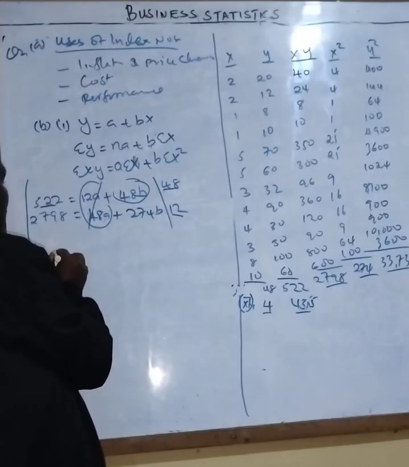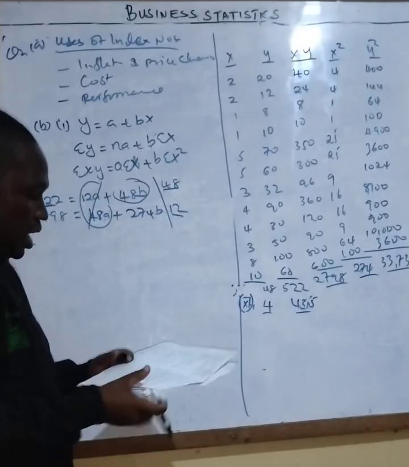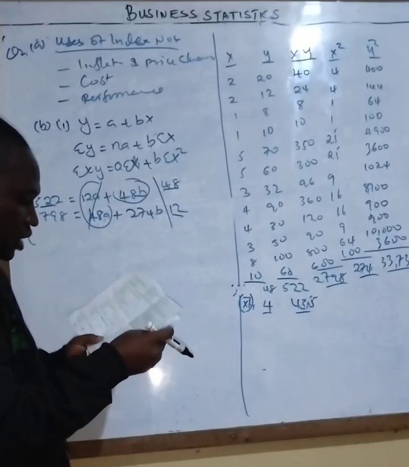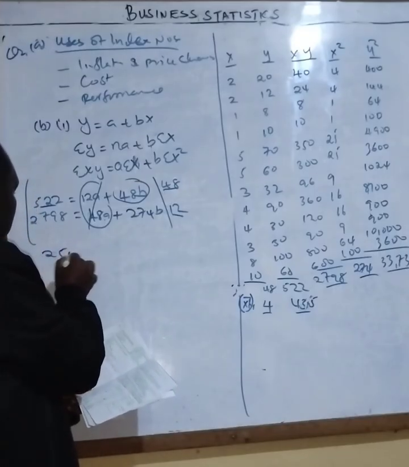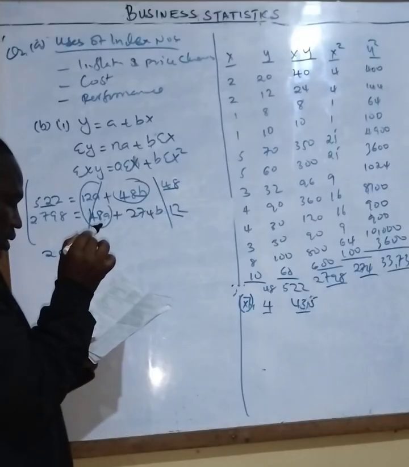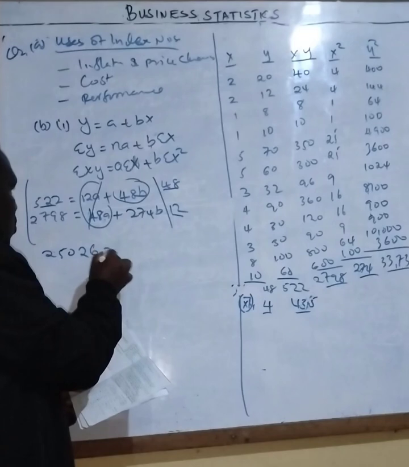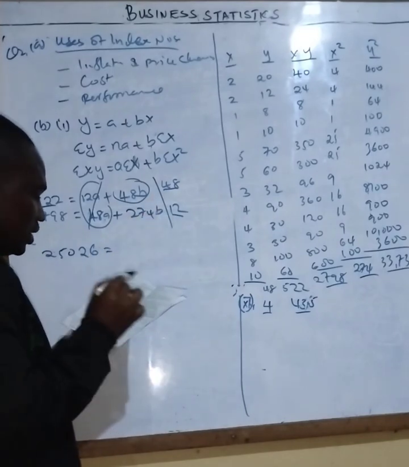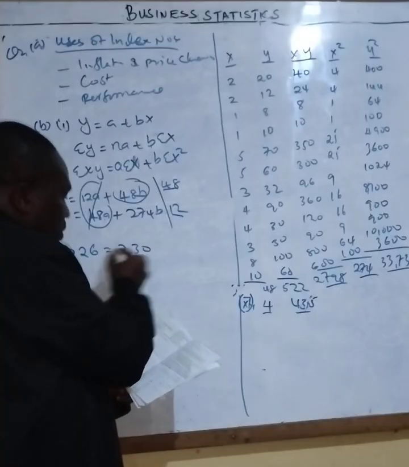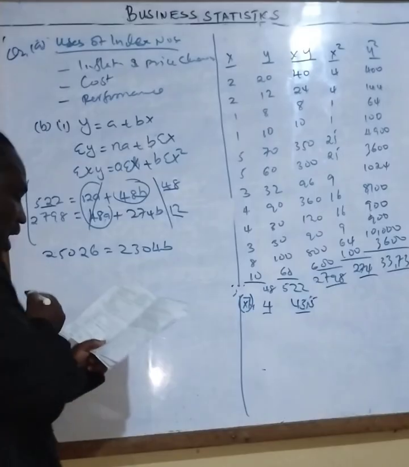Then I will have 522 times 48. When you work that out, the answer is 25,026 equals 48 times 48, which is 2304b.